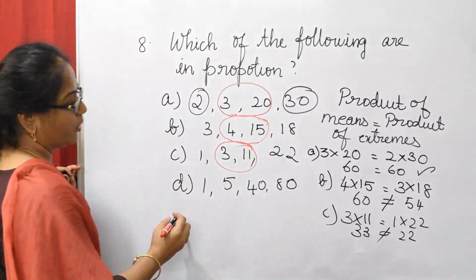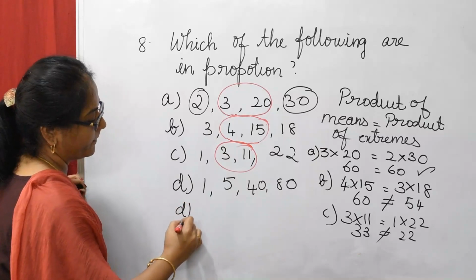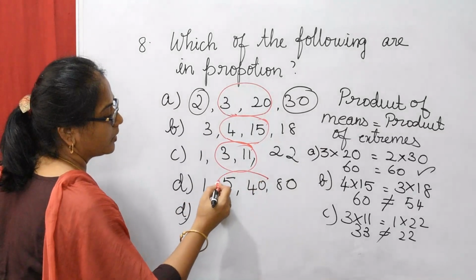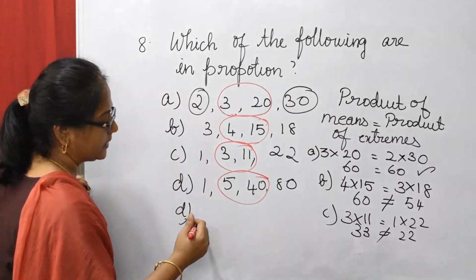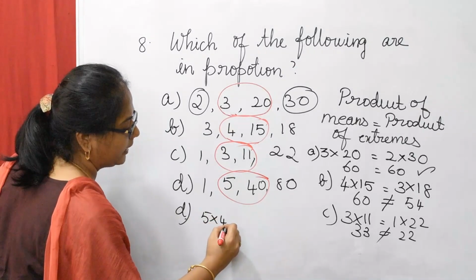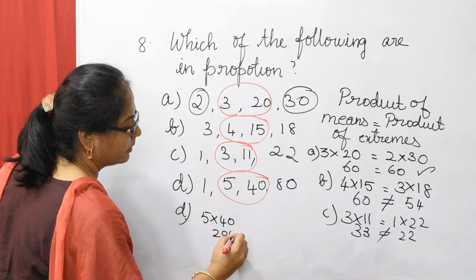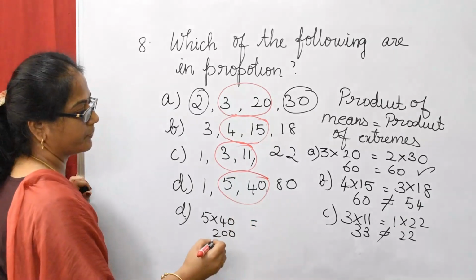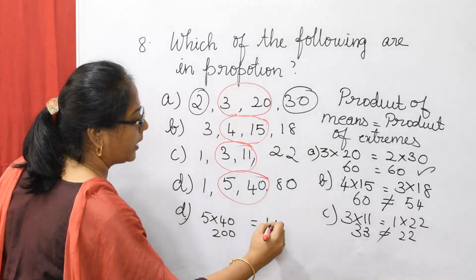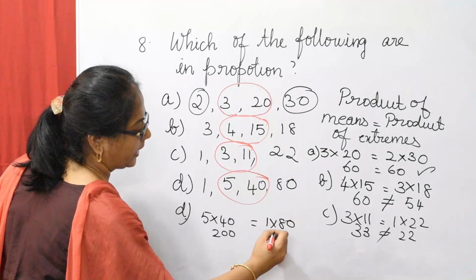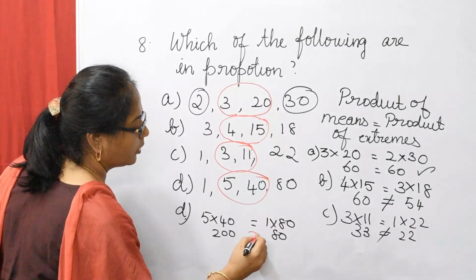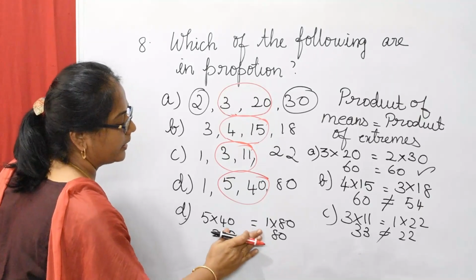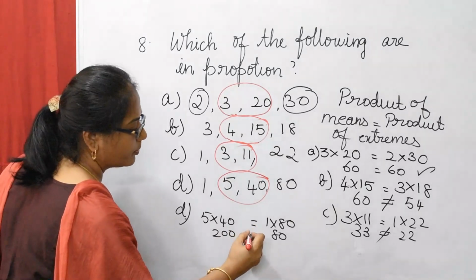And let us try with option D. Product of means, which is 5 into 40, 200. Okay, and extremes, 1 into 80, so 80, and again this is also not proportion.